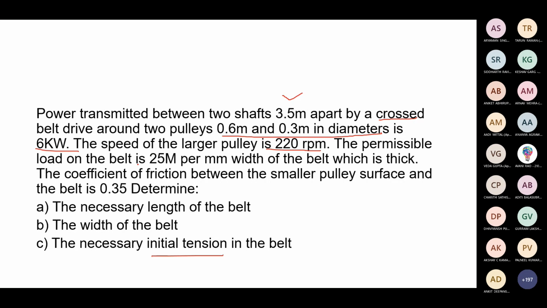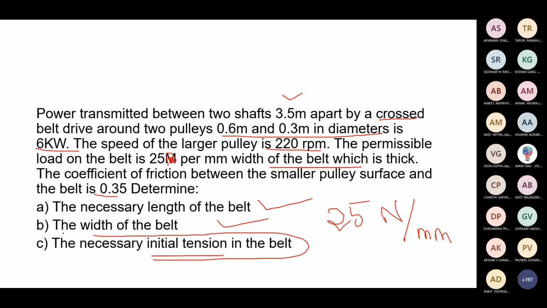So here the permissible load is 25. This is not M, this is N, okay, 25 newtons per mm, per mm width of the belt. Coefficient of friction 0.34. You are supposed to find out length L, width and then initial tension.